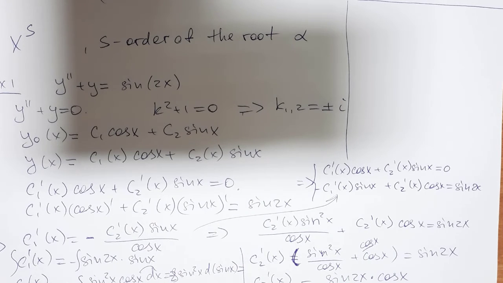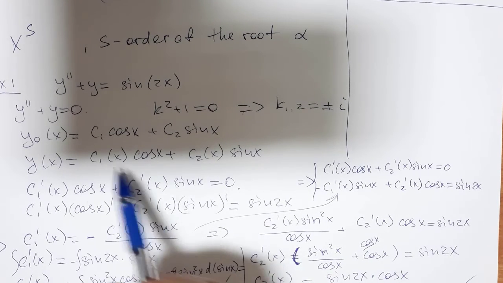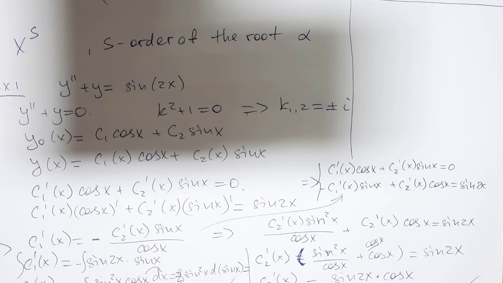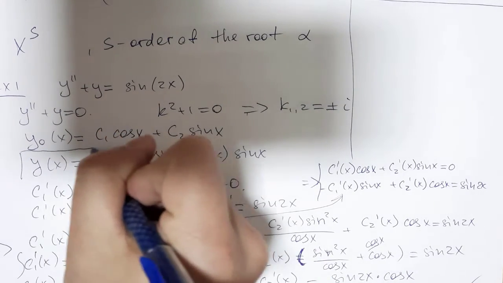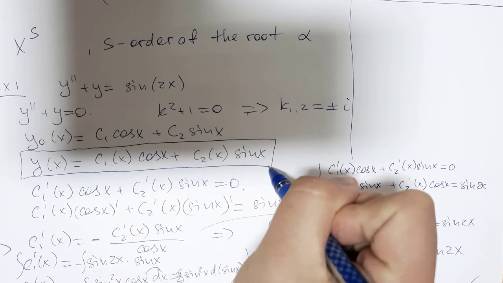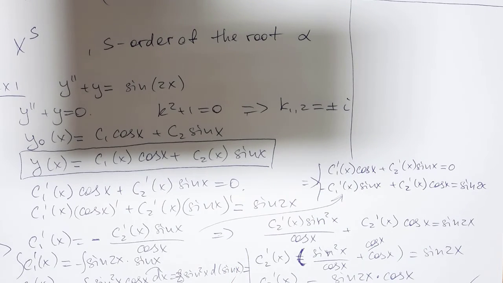We have c1 and c2, and we put these two coefficients here, and we'll get the corresponding answer for the general solution of our non-homogeneous equation. Just putting this c1 and c2 into this equation, and we'll get the general solution.